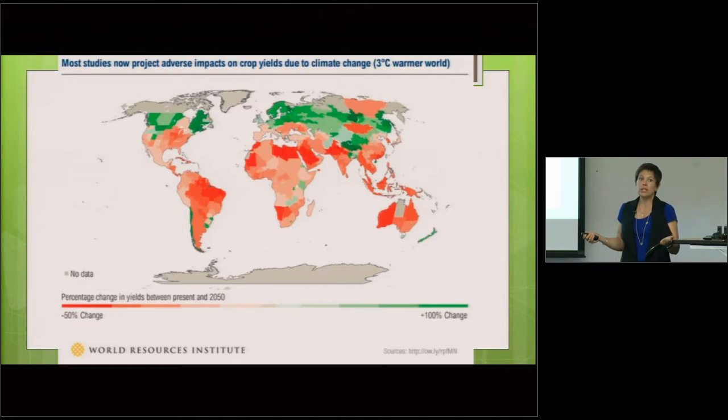There will also be changes in crop yields as a result. So this is out to 2050, and we can see some places where crop yields may actually increase. They're going to get more rain and so on. But in a lot of places, crop yields could change or decrease by 50%.